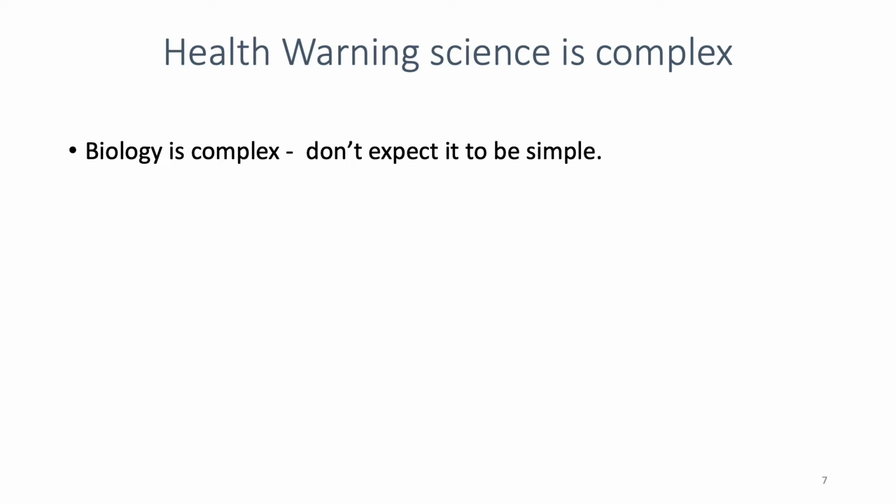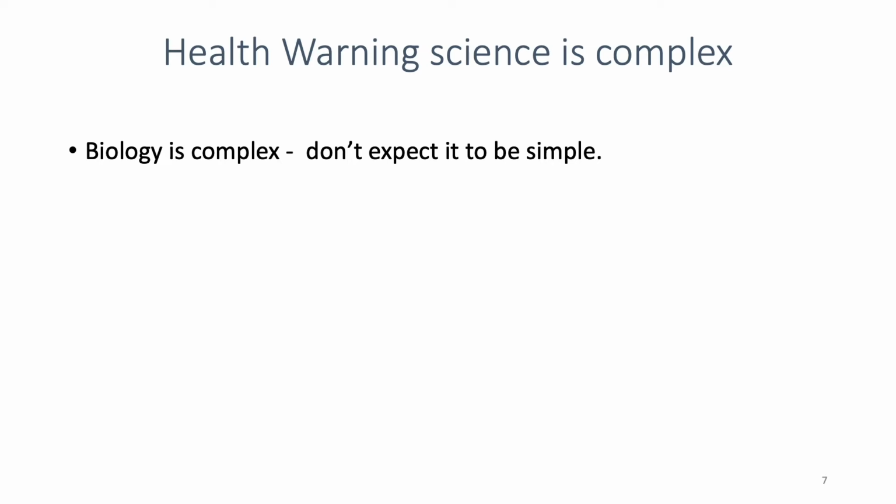Now, it is very important, particularly with regard to that subject, to give a health warning. Science and biology, reproductive medicine is actually complex. It isn't binary, it isn't simple when you're trying to address experimental questions and clinical questions. And I think it's fundamentally important when you start to realize that biology isn't simple.